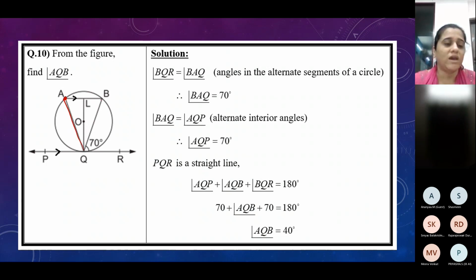Join Q to A and B to A. So this angle is also 70 degrees. Using this angle, I found this angle. Then these two angles are alternate angles, so they're equal. This is also 70. Alternate angles are equal, and the sum of these three angles is equal to 180. I'll send the pictures, children.